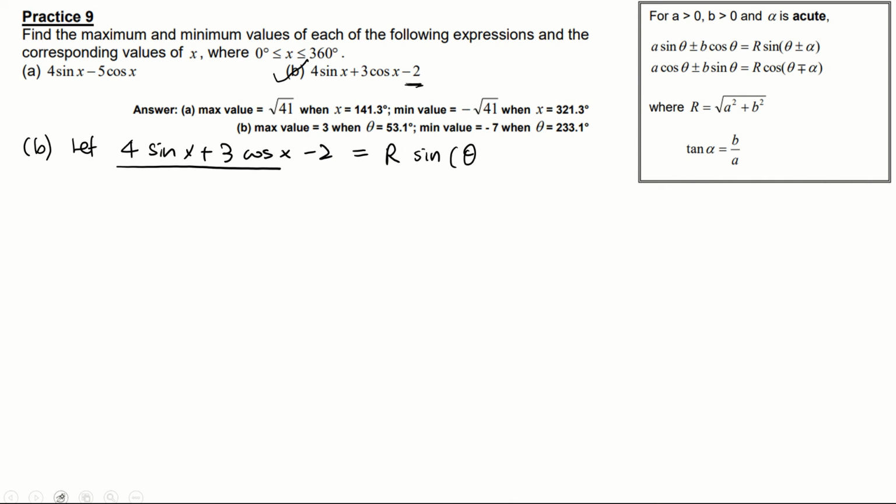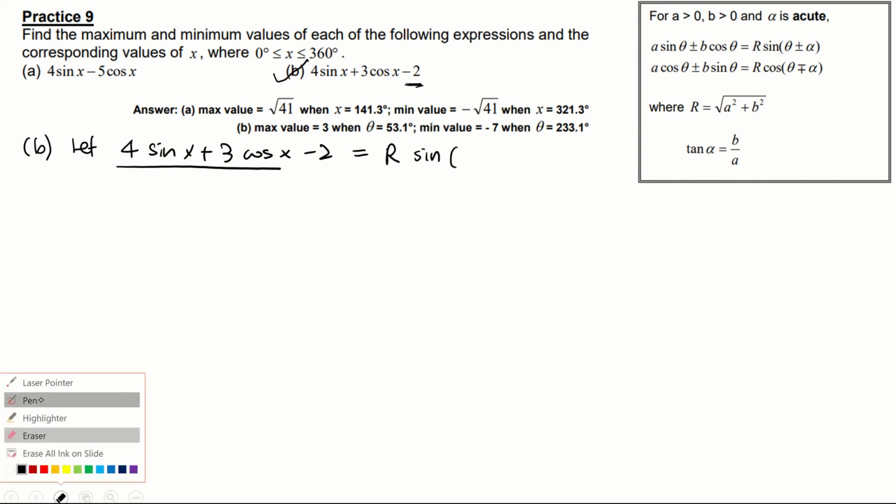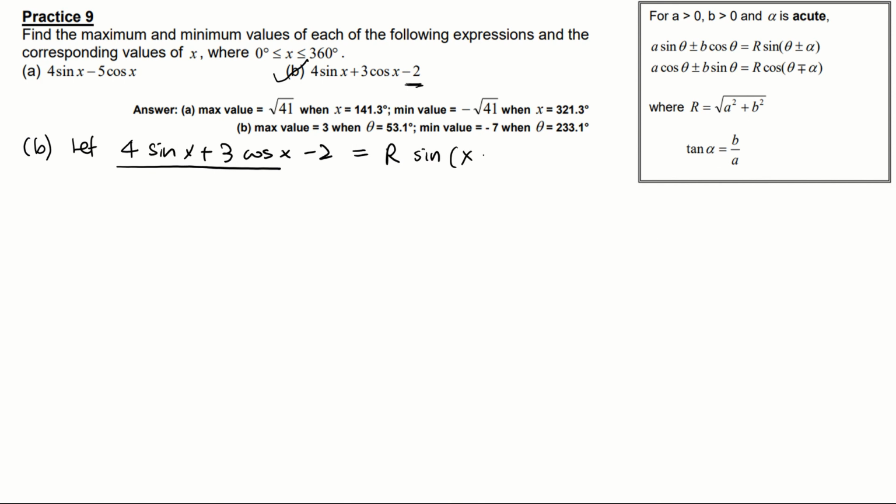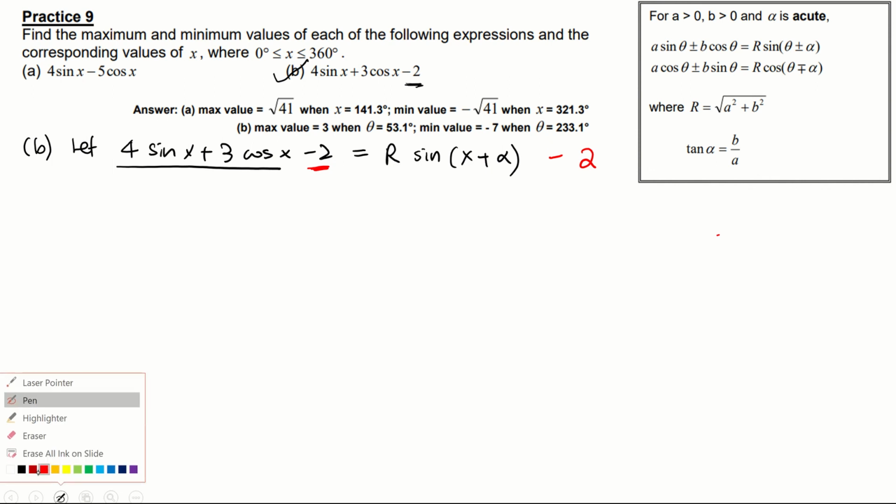This one is no longer theta because the angle is given as x, so I will use x plus alpha, and then the minus 2. This minus 2 I'll just copy behind like that. Then I'm just going to solve as usual.